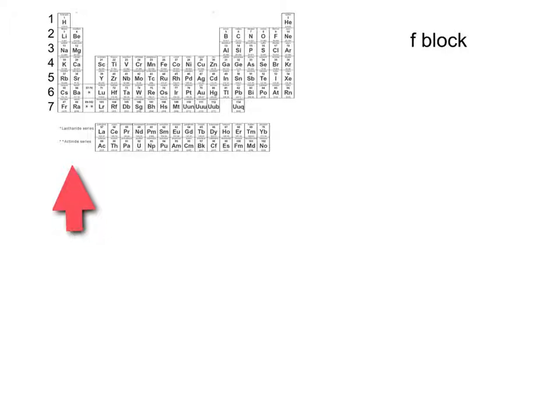Well, the same thing happens with F block, except when you're in F block, you need to subtract 2 from the energy level. See how 57 really fits in there, and that's the 6th energy level? This is not 6f. Because we have to subtract 2, this is really 4f.